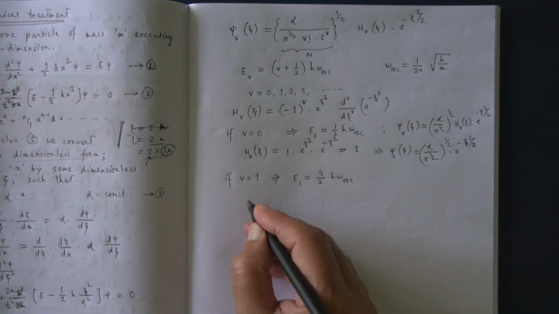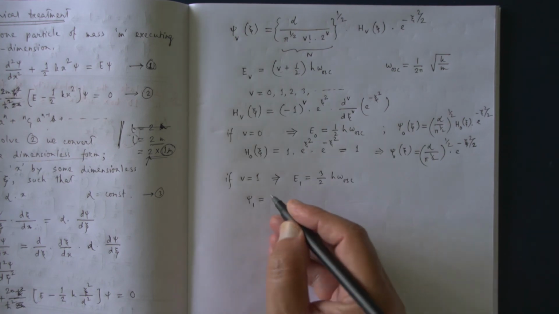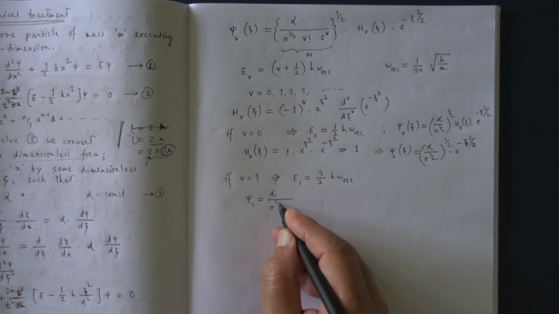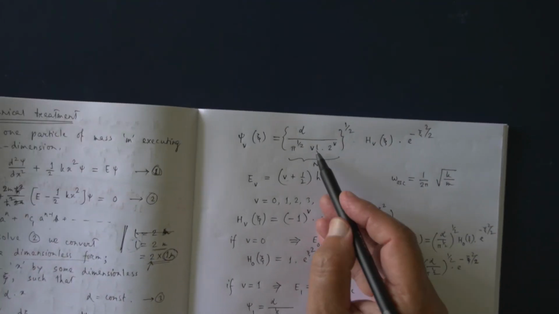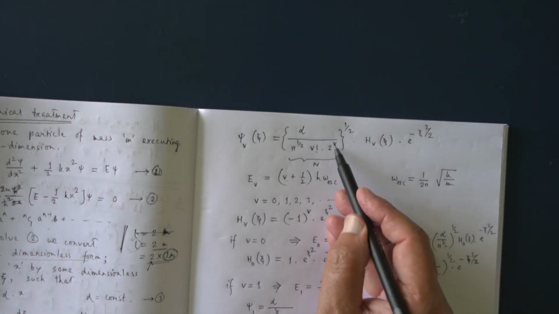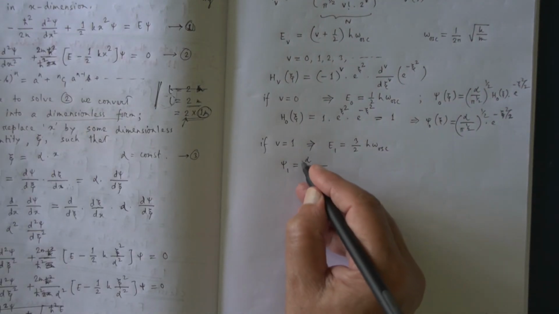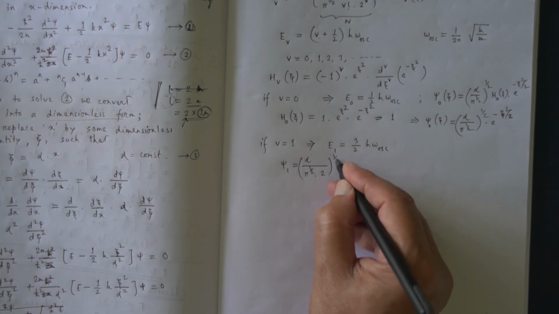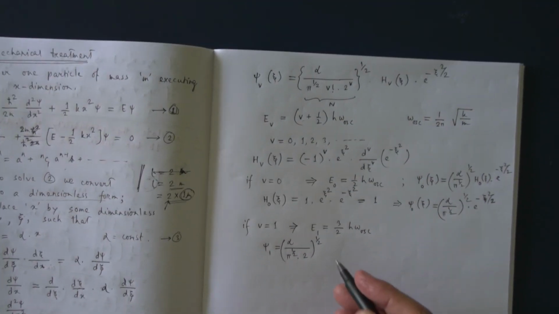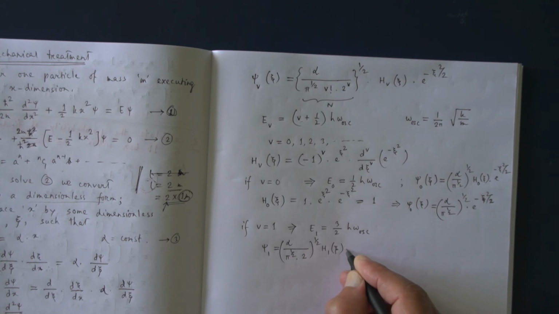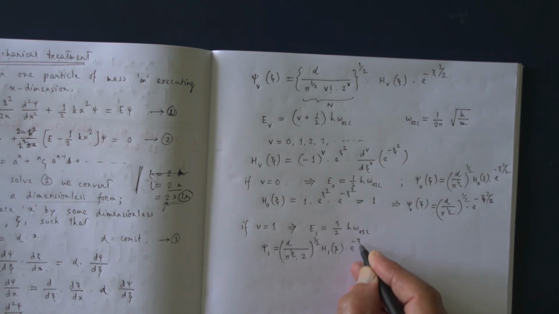The corresponding wave function psi 1 is equal to alpha by pi to the power half, then factorial 1, 2 to the power 1, whole to the power half, then H1(xi) into e to the power minus xi square by 2.